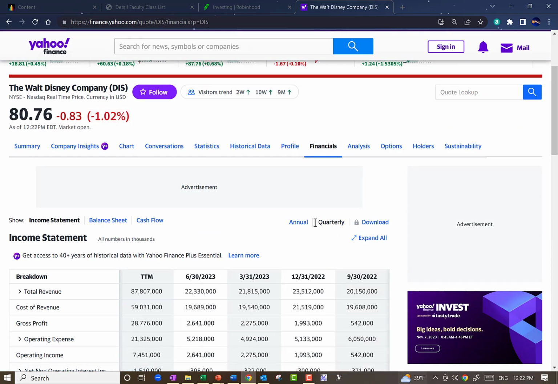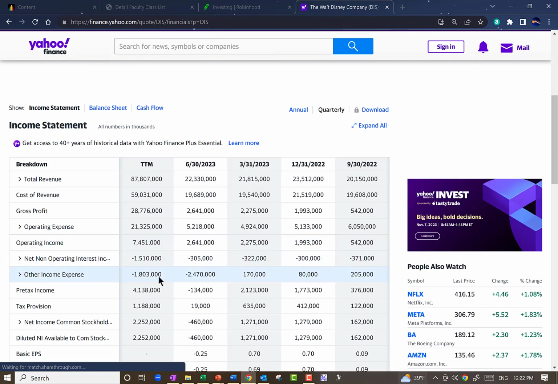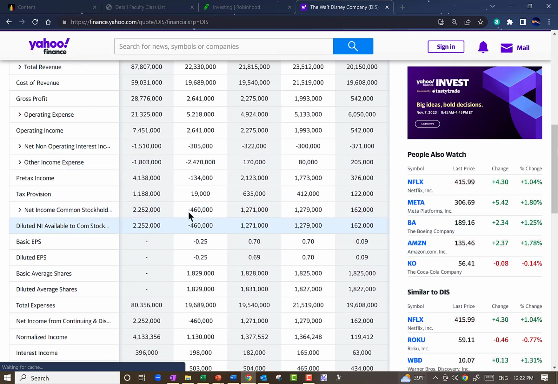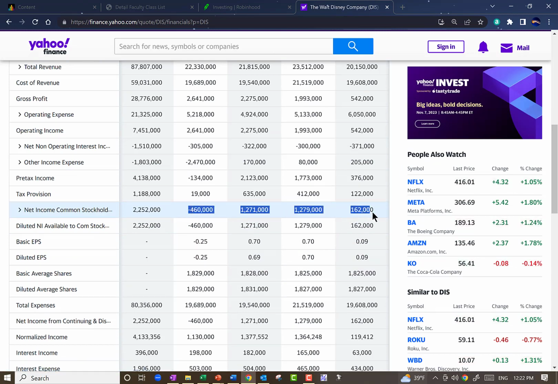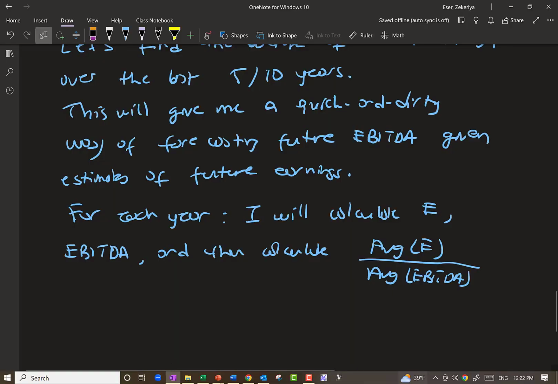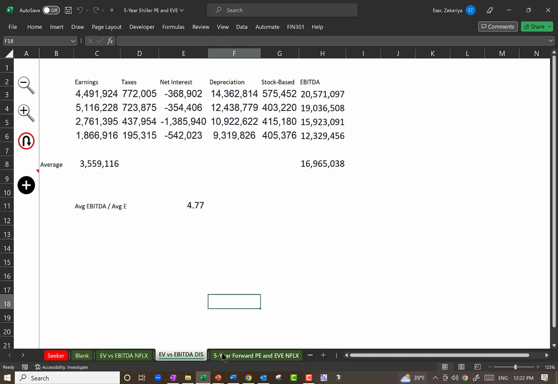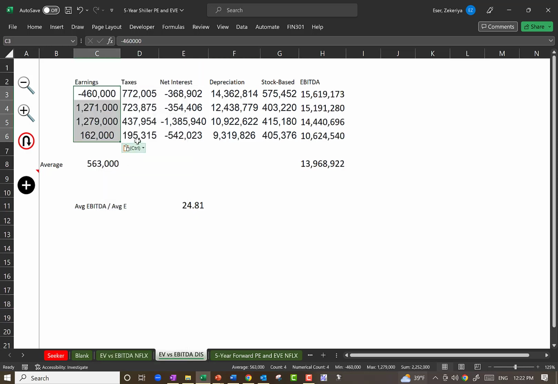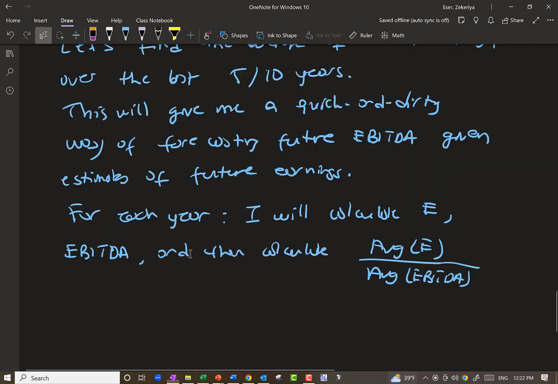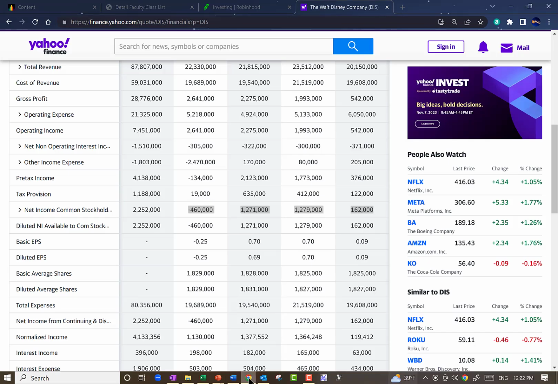Financials, quarterly income statements, net income, taxes, not much.